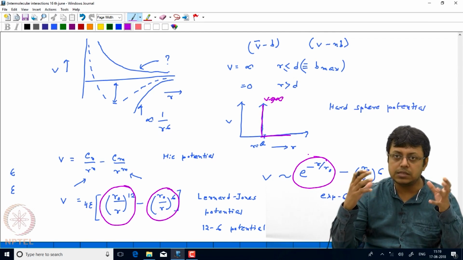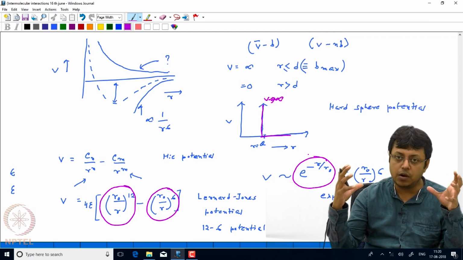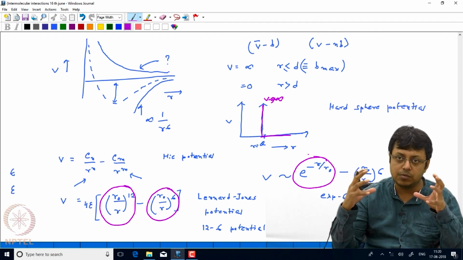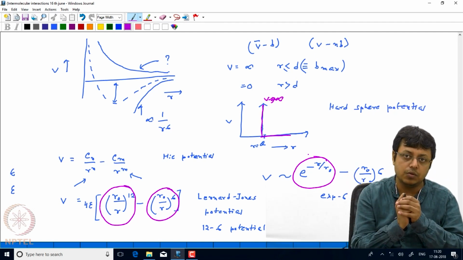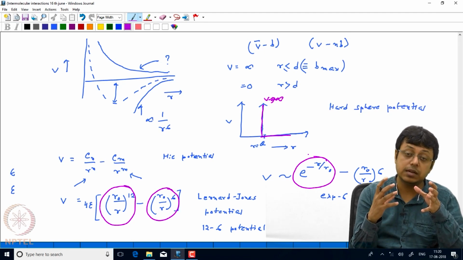And then the question was, in reality there is also a repulsive interaction, otherwise if it is all attractive, every system will collapse to a point or a very small volume at very low temperature, which never happens, which means there is also a repulsion which happens at a very short distance.